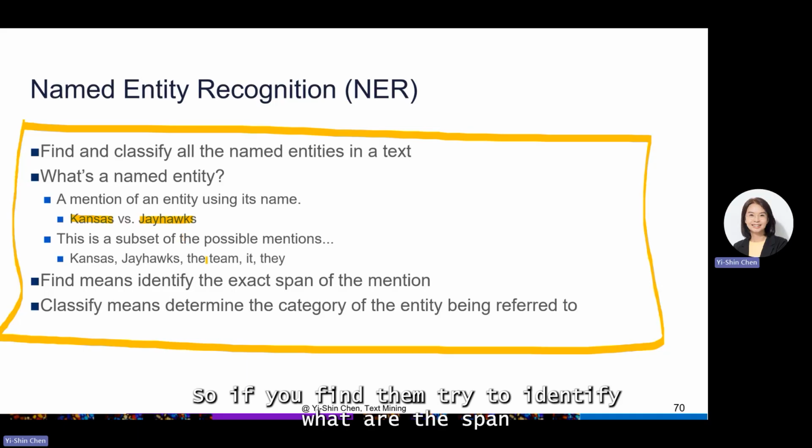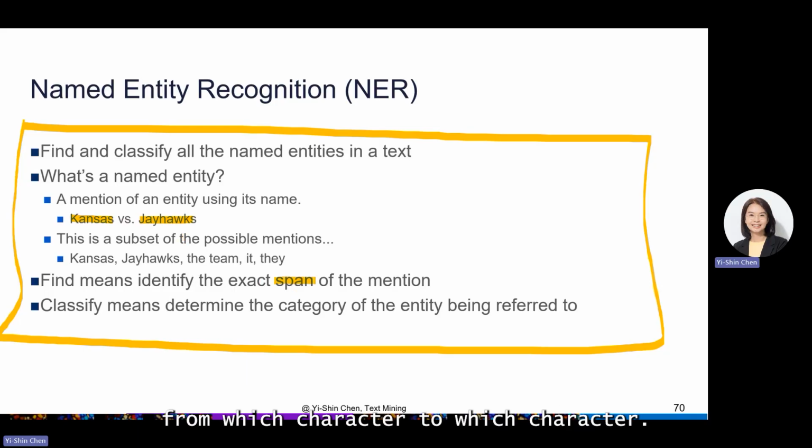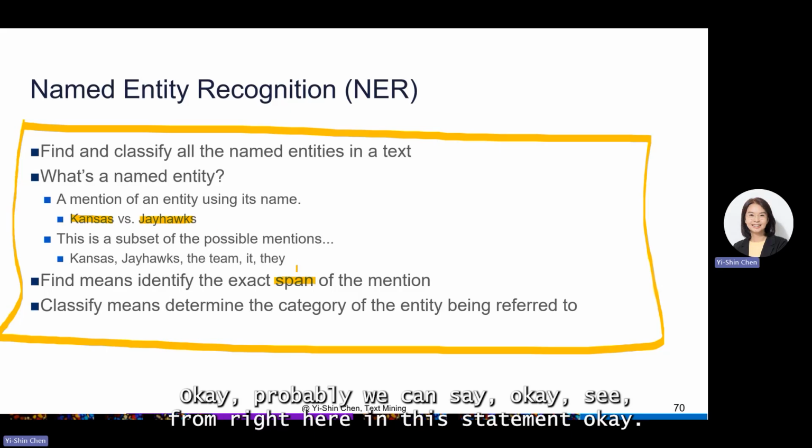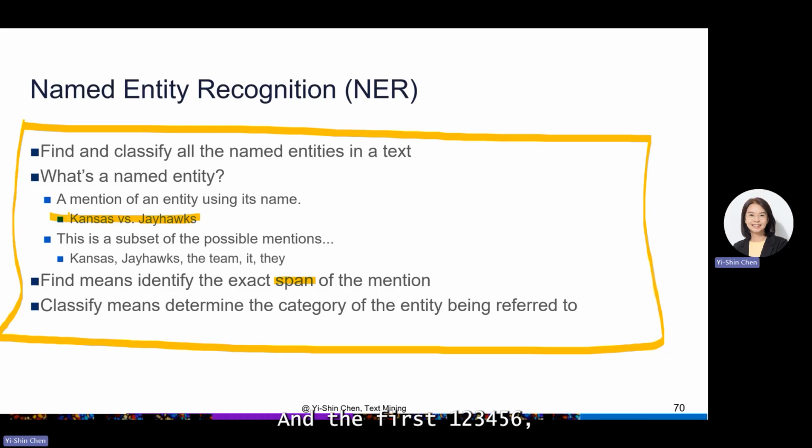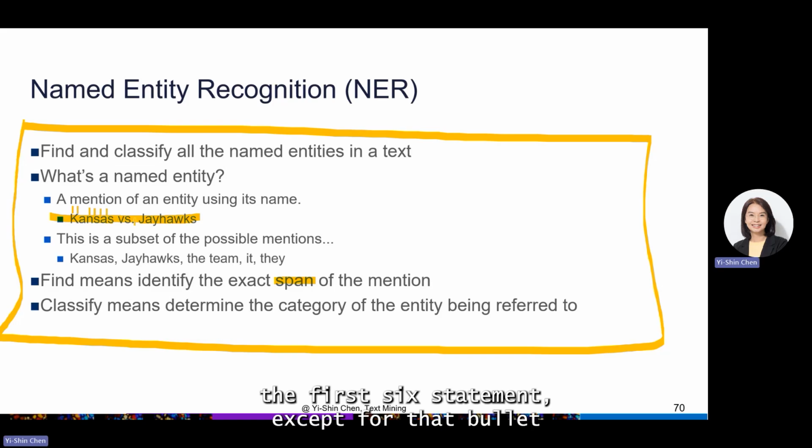If you find them, try to identify the span, from which character to which character. For example, the first six characters in this statement, except for that bullet, are the exact span talking about Kansas. That is the span we mean.